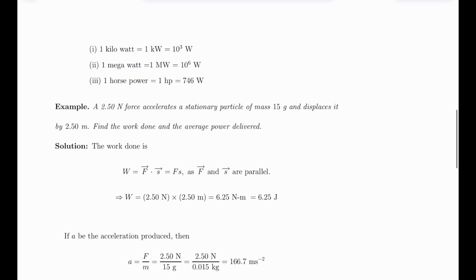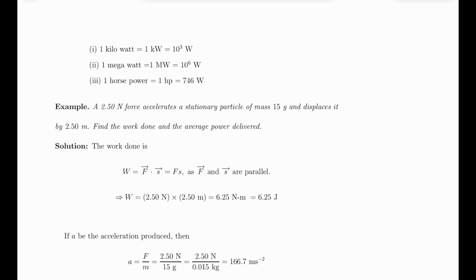One is 1 kilowatt. Kilo means 1000. So 1 kilowatt is 1000 watt, or this is equal to 10 to the power 3 watt. 1 megawatt is, mega stands for 10 to the power 6. So 1 megawatt is 10 to the power 6 watt.